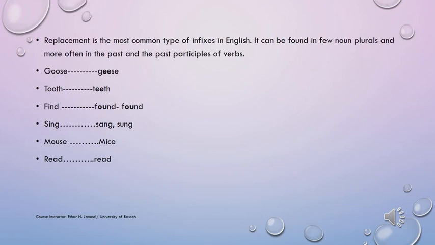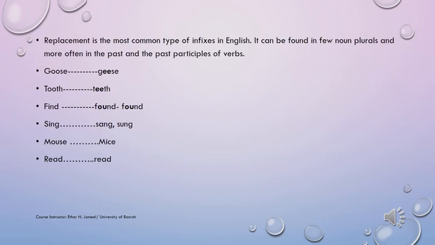It consists of the singular form goose and the plural infix E. E is an infix and it is a morpheme and it has meaning, the meaning of plurality. So it is a morpheme. That is why geese consists of two morphemes, goose and E, which is an infix.